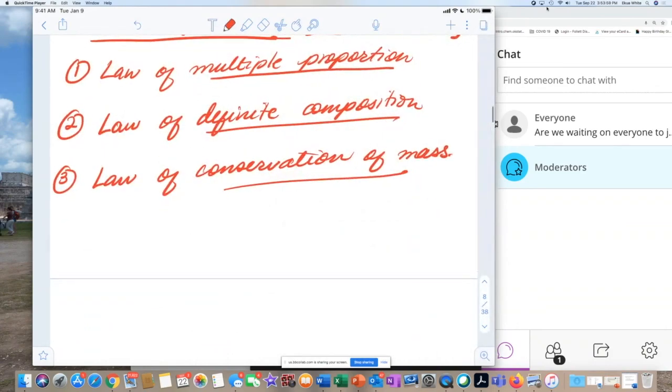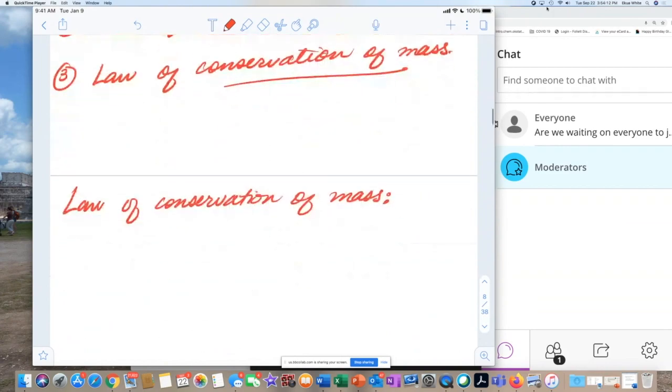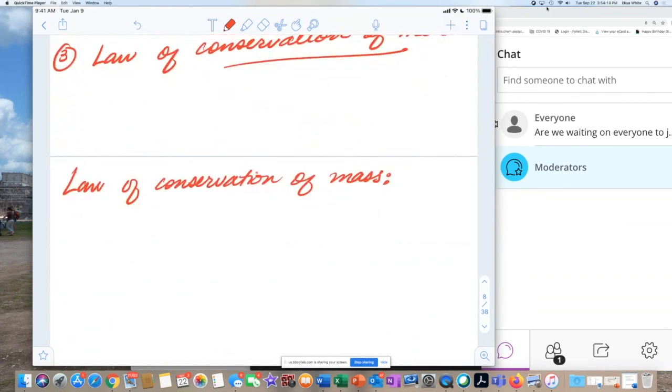Over here, let me start with the law of conservation of mass. The context of this law is the balanced equation. This law works when you're looking at a balanced equation.